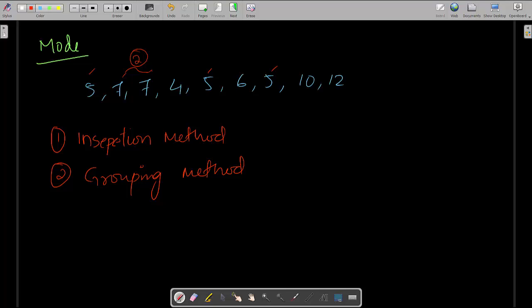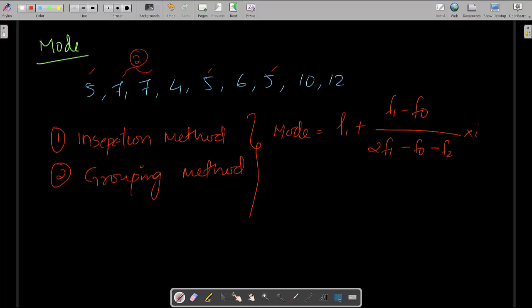There is a formula to calculate mode, both for discrete series as well as continuous series. The formula is: mode is equal to lower limit plus f1 minus f0 divided by 2f1 minus f0 minus f2, into i. This is the formula that you will be using to calculate mode.